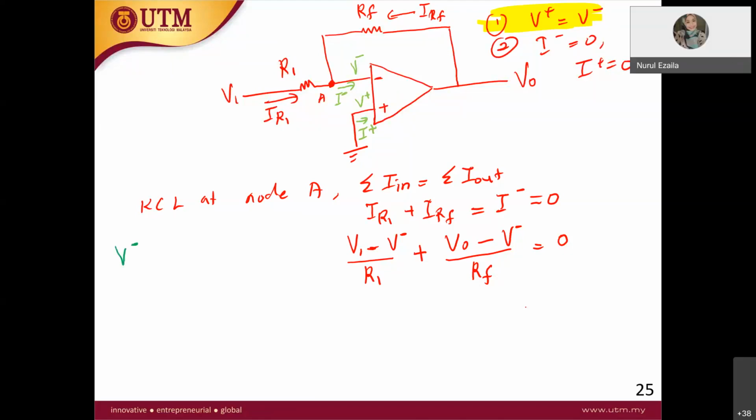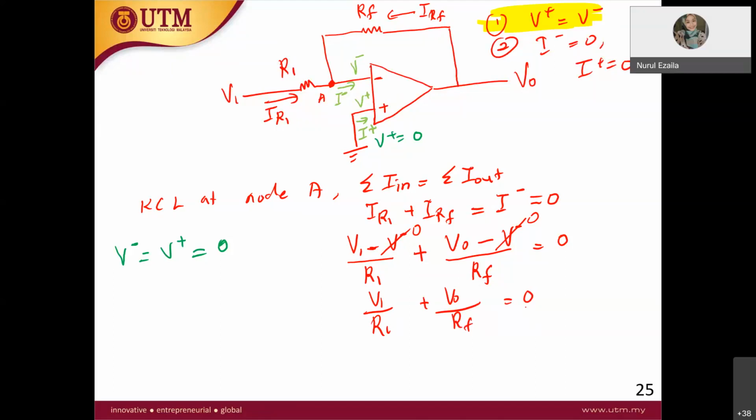So V plus equal to 0 because it's grounded. Therefore, V minus equal to V plus equal to 0. You can simplify this equation, so the V minus terms are 0. The equation now becomes V1 over R1 plus V out over RF equal to 0.